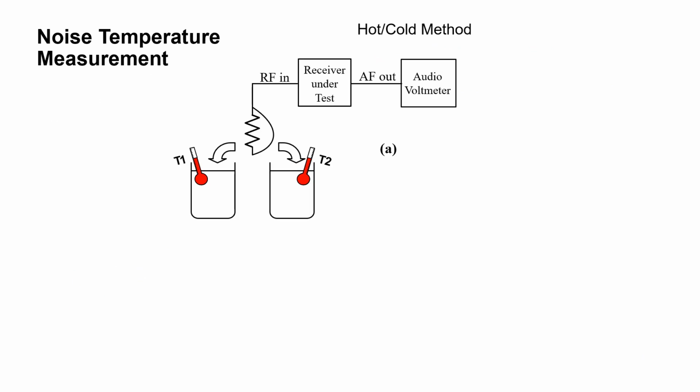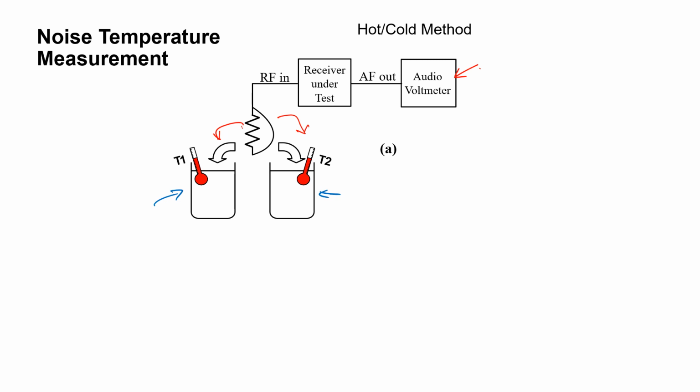So what happens is we have two temperatures. We first put this resistance at one temperature and identify exactly what output we are getting, and then we push this same resistance to another temperature, and we get another output.